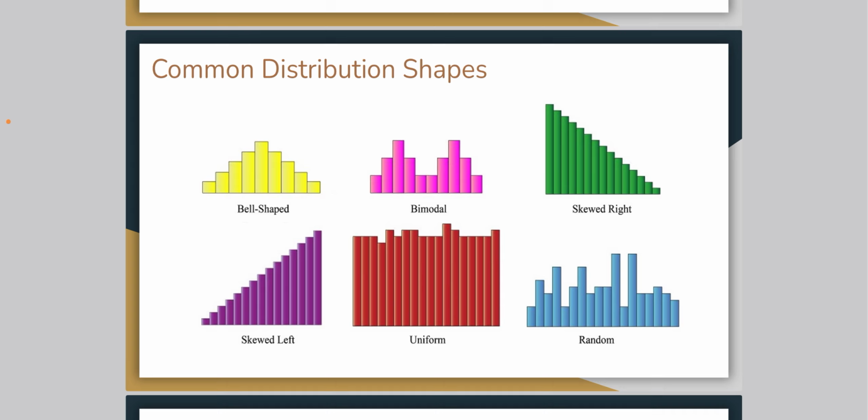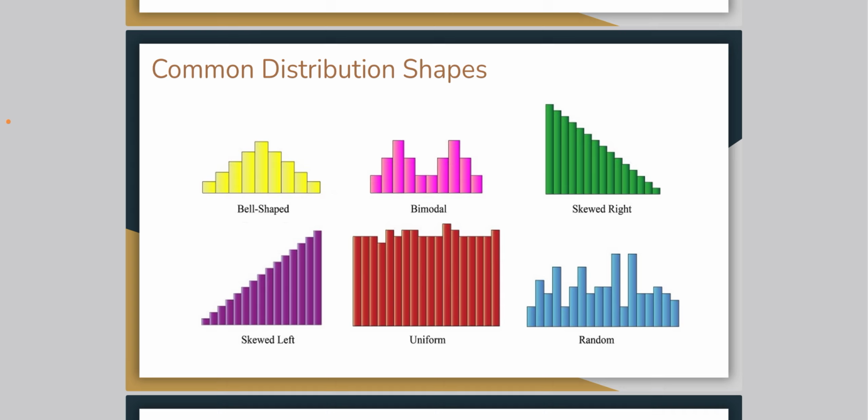Similarly, skewed left, the tail goes off to the left if you look at it that way. The highest frequency, though, is actually to the right. So just make sure you pay attention to the skewed right and skewed left, because those are the two that people mix up the most.